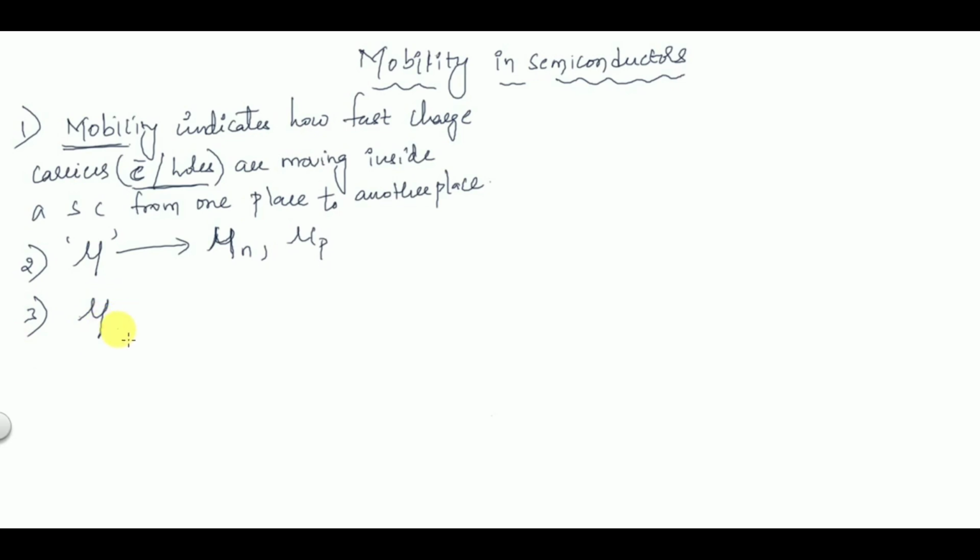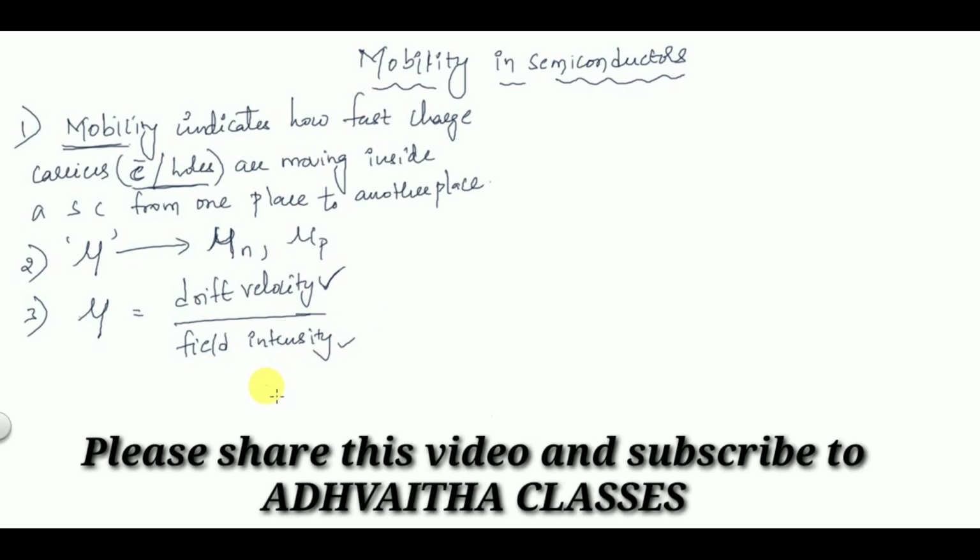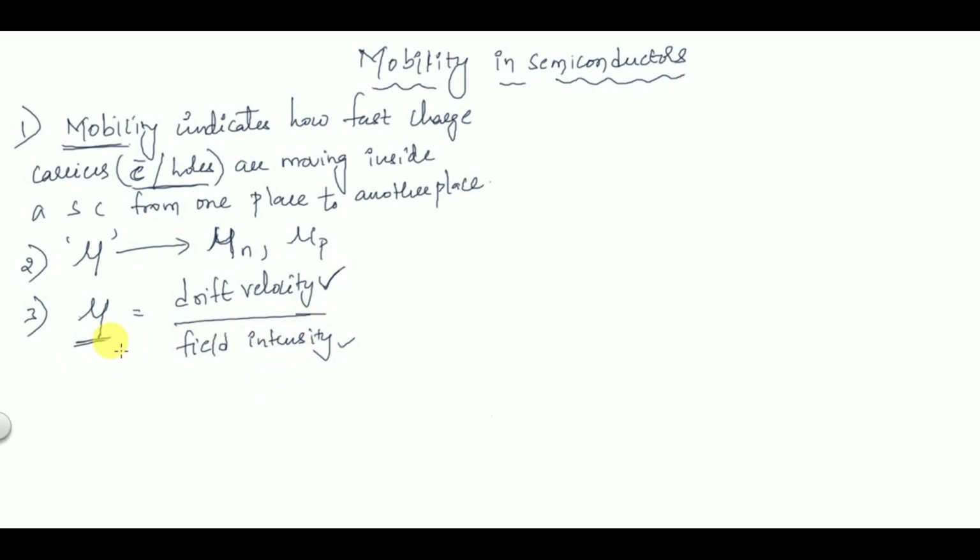Mobility mu is given by drift velocity divided by field intensity. Okay, so always movement is due to drift. So drift velocity, how much you are applying within a given field intensity, is given by the term mobility. So it is Vd by E.